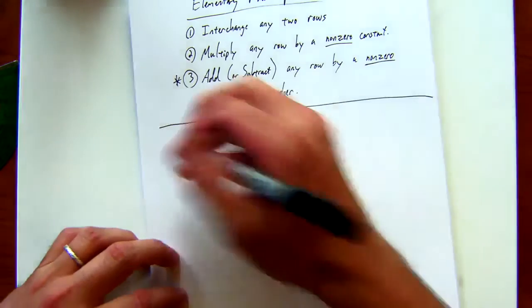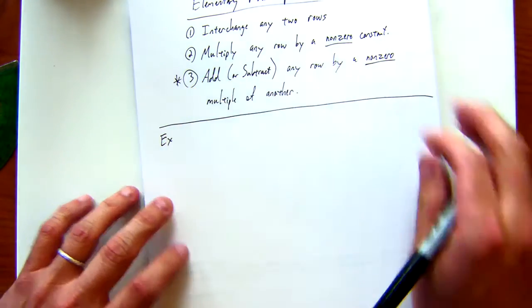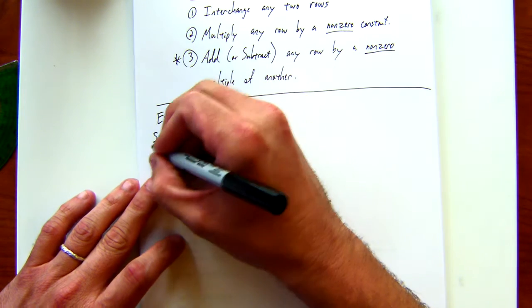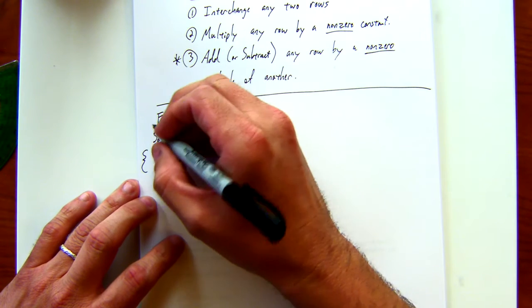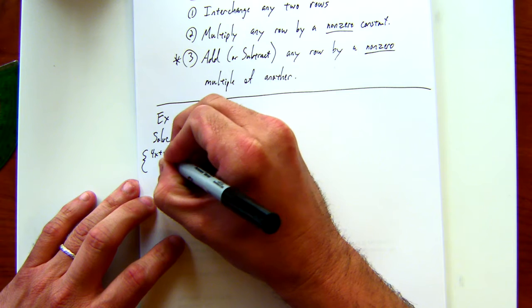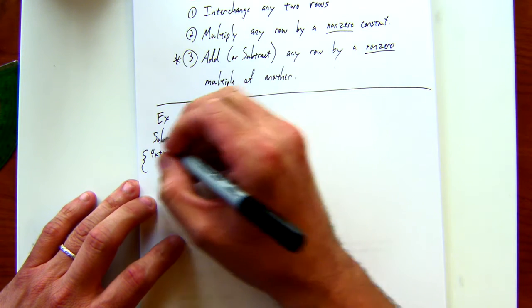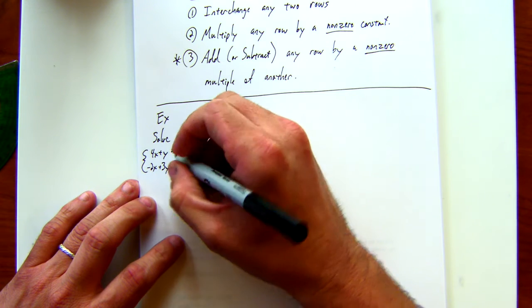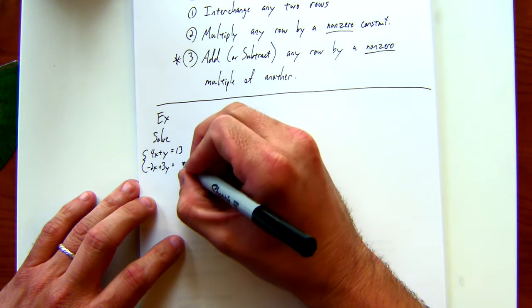All right. So, example. We want to solve the system 4x plus y is equal to 13, negative 2x plus 3y is equal to negative 17.